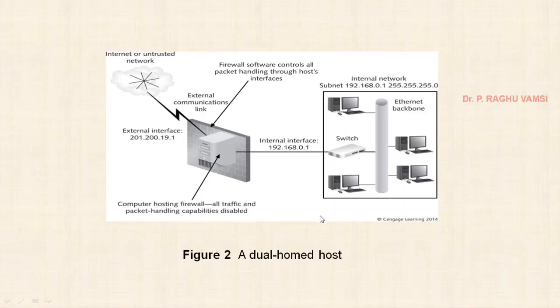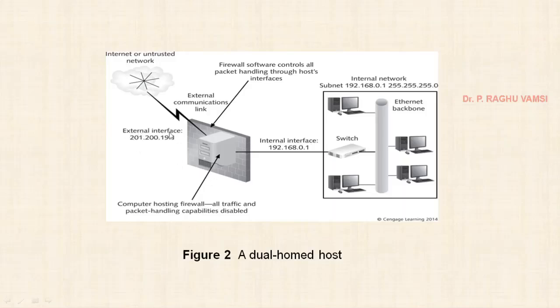For example, a dual homed host example is like this. An internet which is coming from outside, and here is the firewall with the dual homed host. Firewall software controls all the packets handled through the host. And this dual homed host will be having two network interface cards.